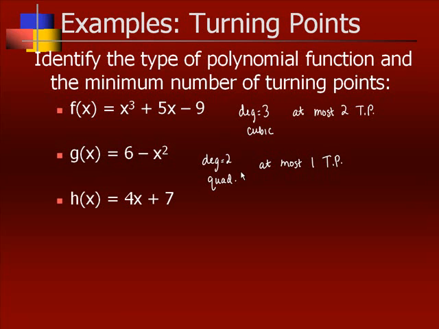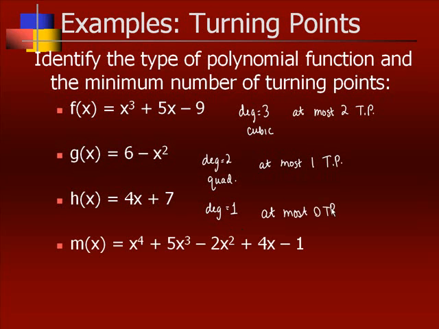H of x equals 4x plus 7. That is a degree 1 function, which can have at most 0 turning points. And that is what we call a linear function.